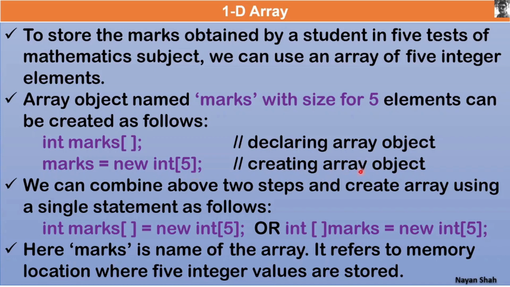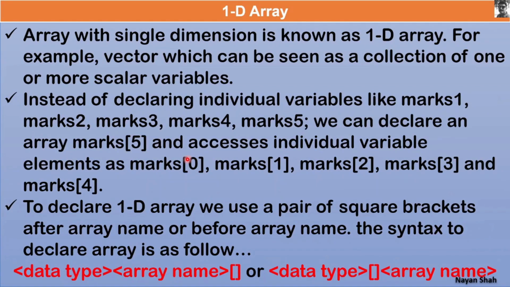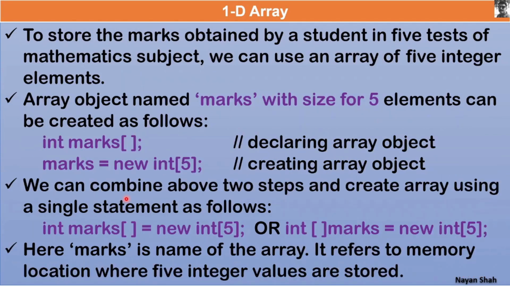So the array object is created in memory where it will occupy 5 contiguous memory locations for integer values, and these values will be remembered by the name marks, and the individual 5 values will be referred to as marks[0], marks[1] and so on.